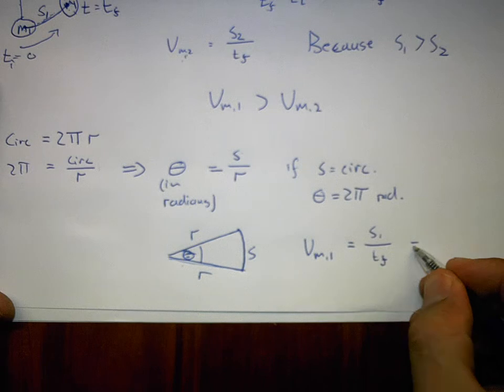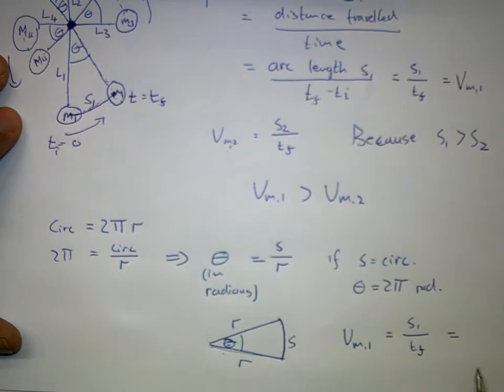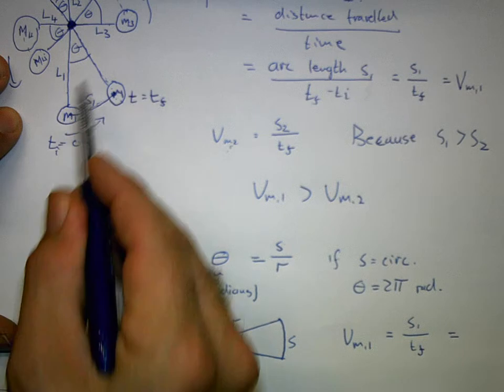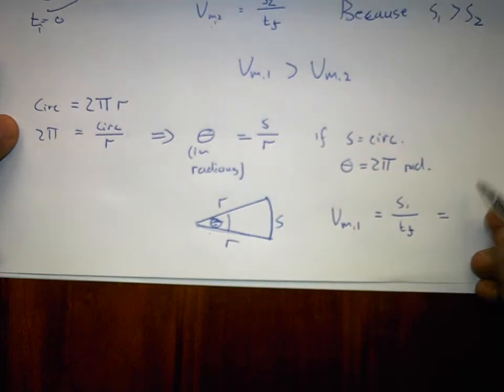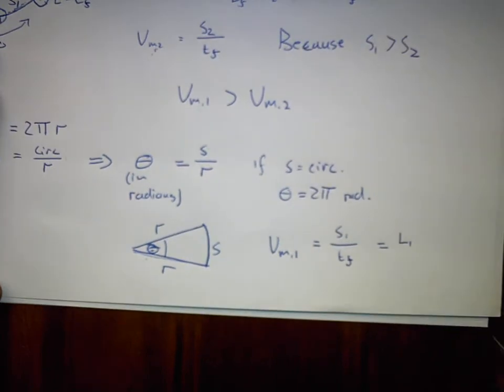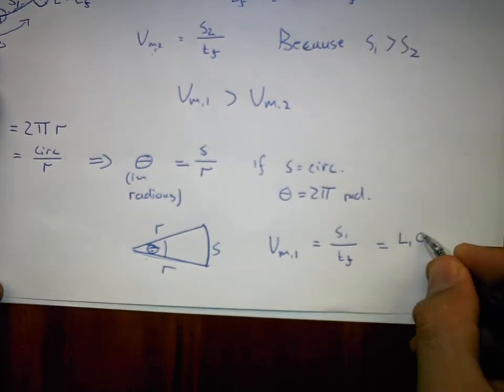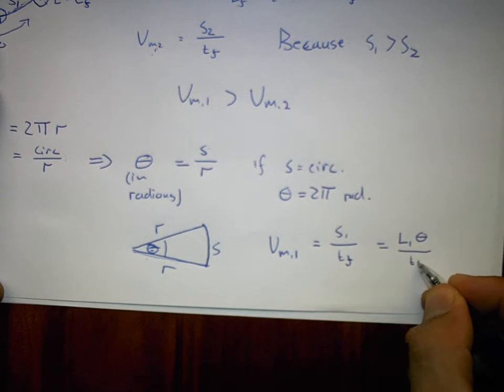This arc length will be equal to the radius times this angle theta, so it will be the radius times our angle theta divided by time.